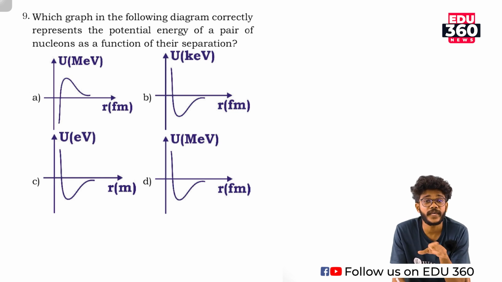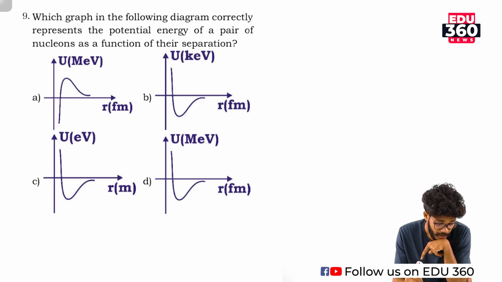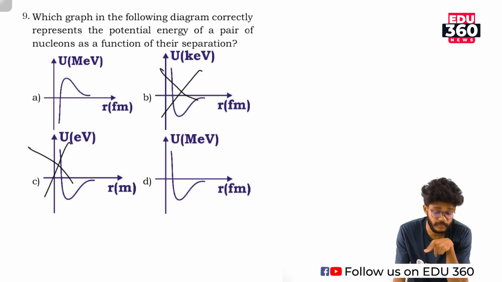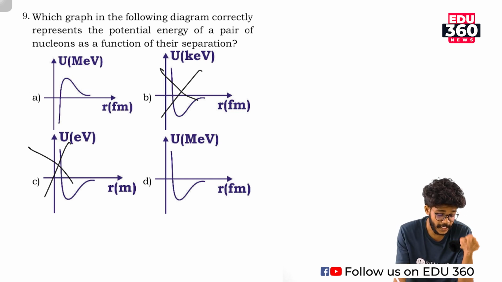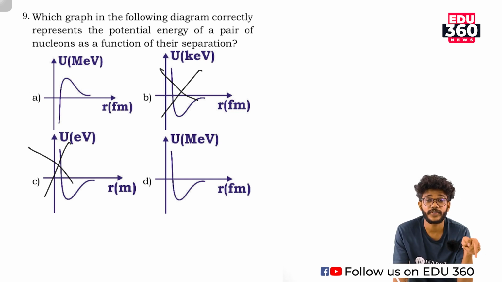So always the energy is in the unit of mega electron volt. First thing, we can delete this option and this option. Both are in electron volt and kilo electron volt. So in option A it is mega electron volt and in option D it is mega electron volt.